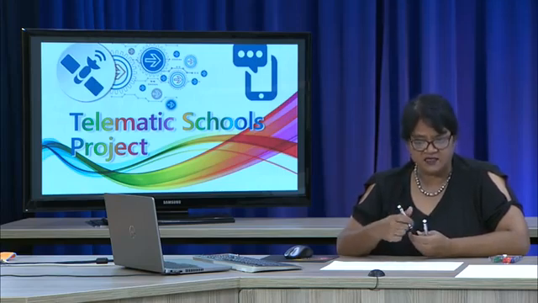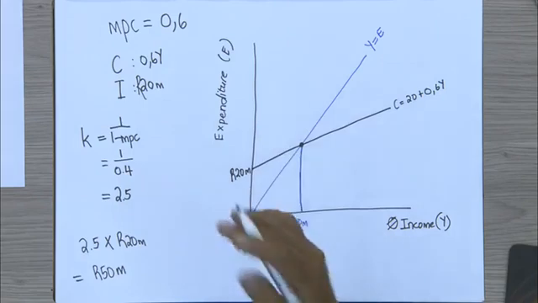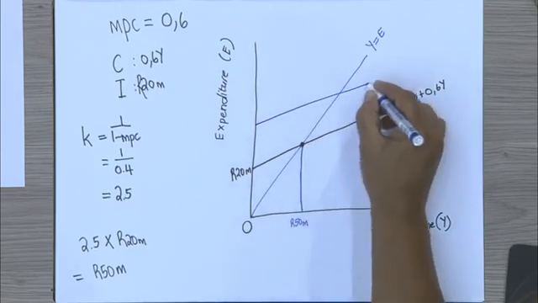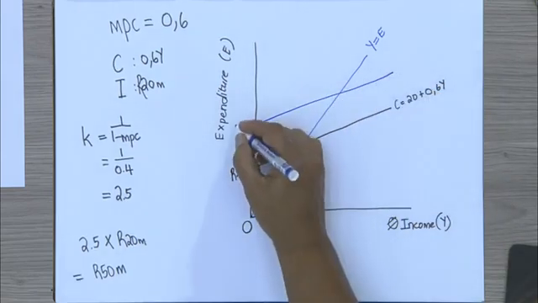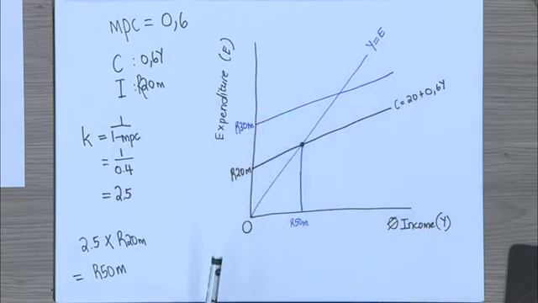So which means their 20 million is now going to become an investment of 30 million. So now we need to show it on the same graph. So we take it one step further. And there we go. Now we have our 30 million.